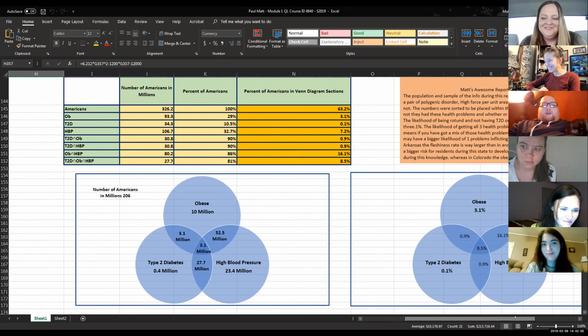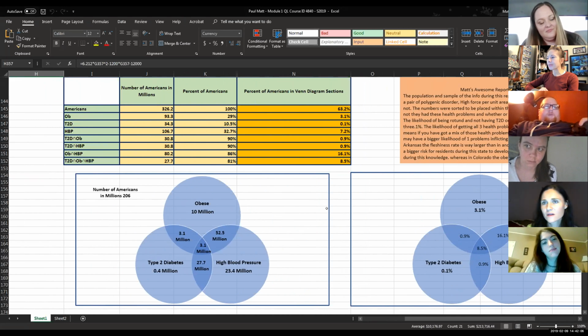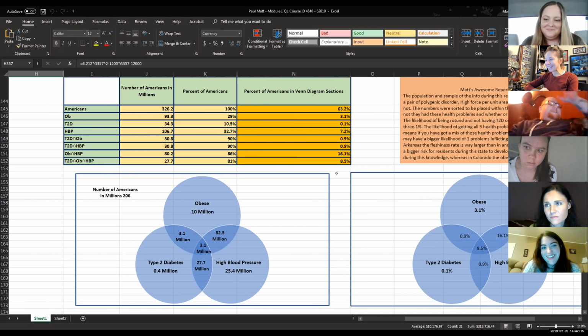Okay, so Ro can ask me how the health chart that we did relates to my life. Tell me about the health chart that we did and how it relates to your life. Okay, so we did a chart on type 2 diabetes and other health problems such as high blood pressure and obesity.